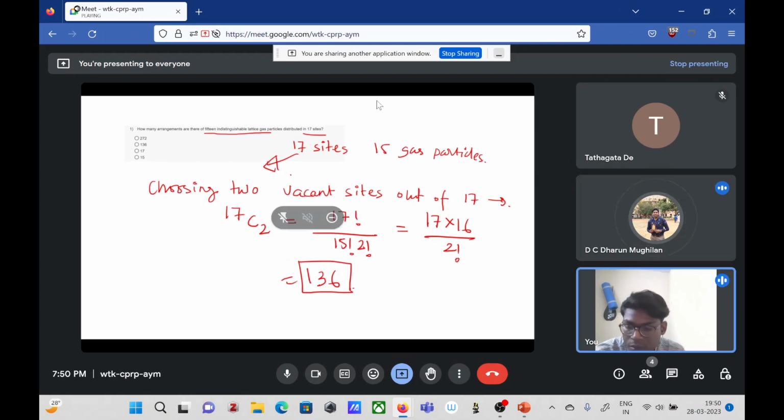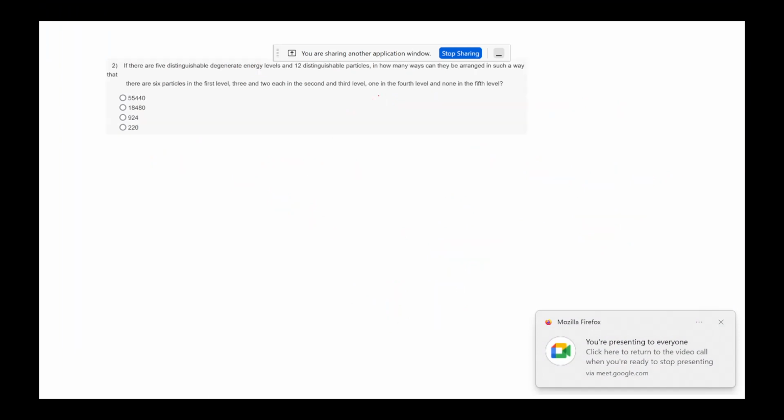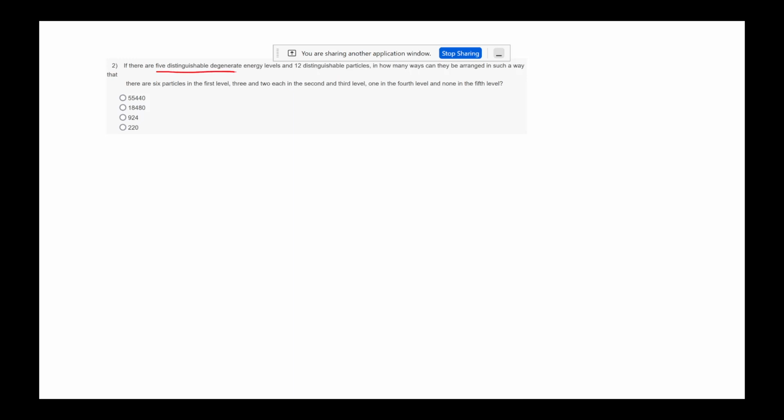Okay, let me go to the next problem then. This problem says: if there are 5 distinguishable degenerate energy levels, and 12 distinguishable particles, in how many ways can they be arranged in such a way that there are 6 particles in the first level, 3 in the second level, 2 in the third level, 1 in the fourth level, and none in the fifth level?